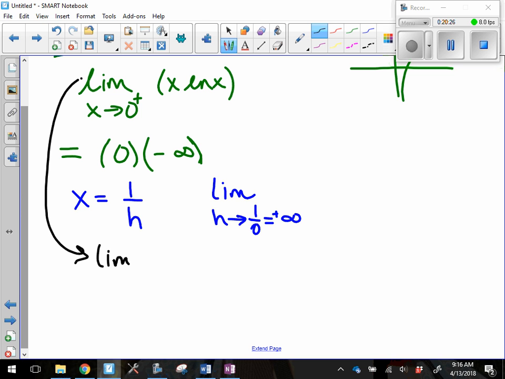So I'm going to rewrite my limit as h goes to positive infinity, and everywhere that I have an x, I'm going to put 1 over h. So I'm going to have 1 over h times the natural log of 1 over h.